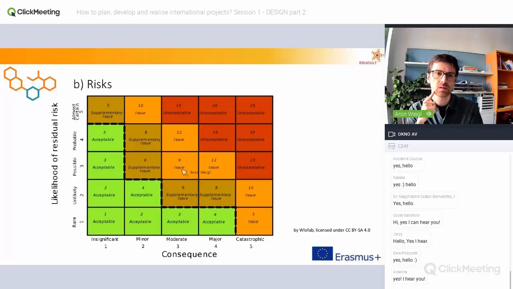So what do we have if the risk occurs? We have an issue. That means it could produce some problems for your project. That means you have to deal with this risk even before, even in this design phase.